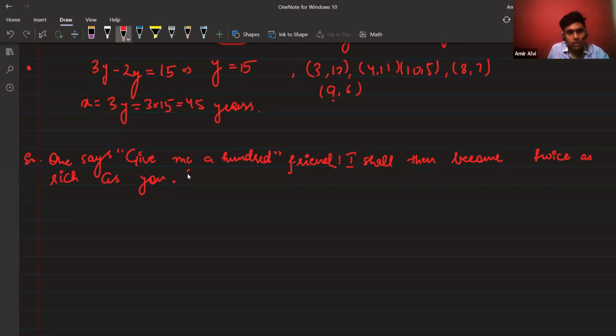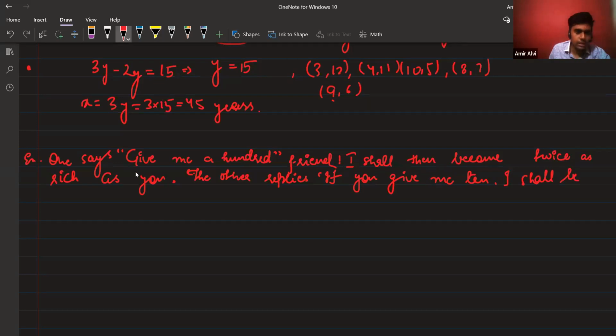The other replies, if you give me 10, I shall be simply 6 times as rich as you. Write it down in the notebook as well. What is their respective capital?